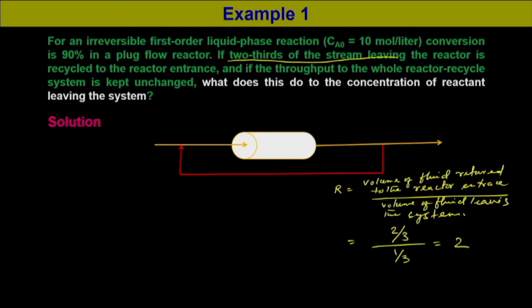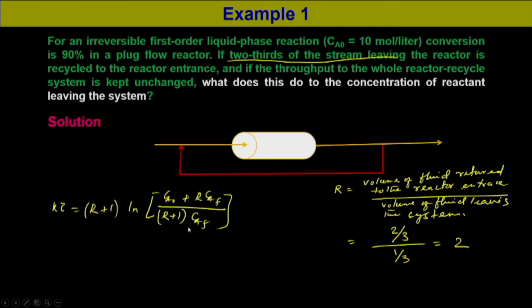Now, for a recycle reactor we know k tau is equal to (R plus 1) ln of (CA0 plus R CAf) divided by ((R plus 1) CAf).